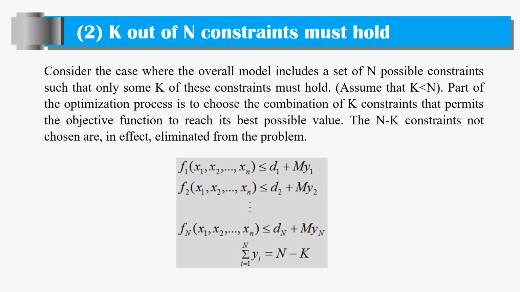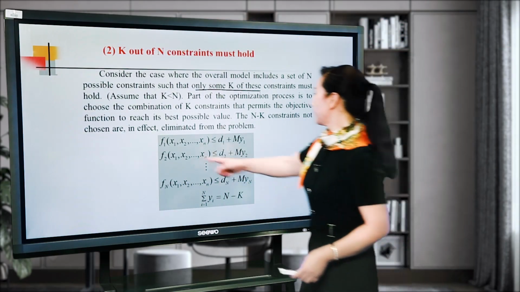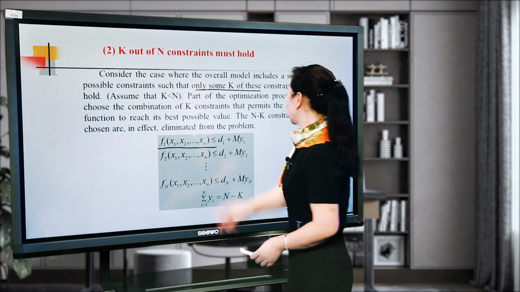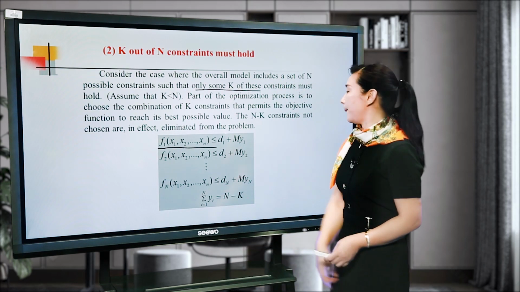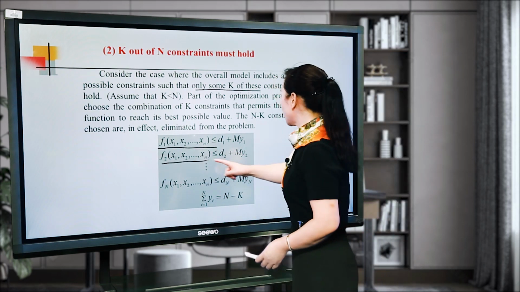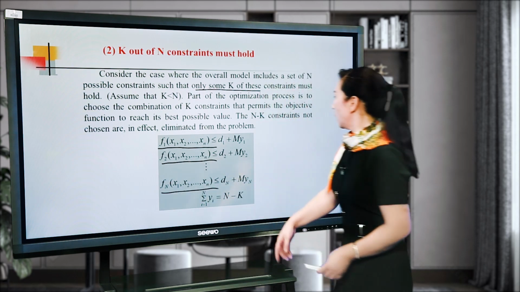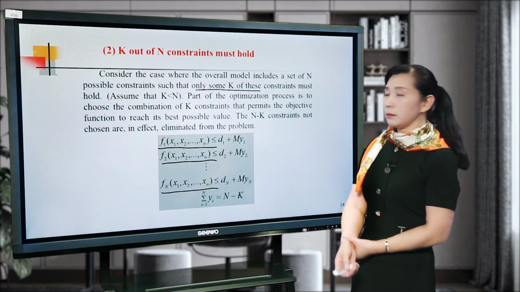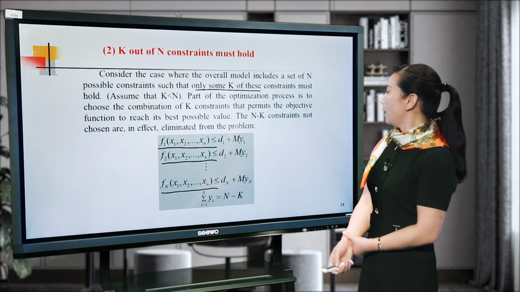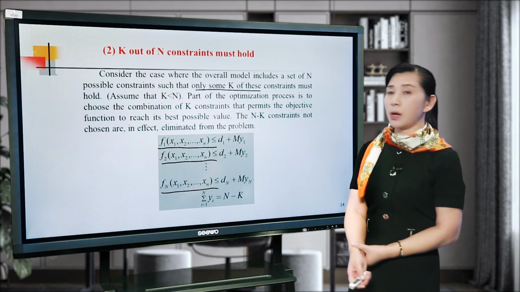For example, if we have constraints f1 less than or equal to d1, and so on, and they are unconstrained in this program, but we need k to hold.